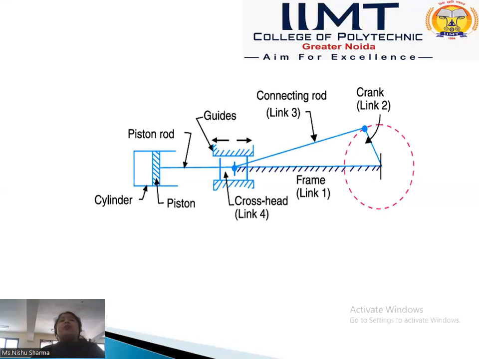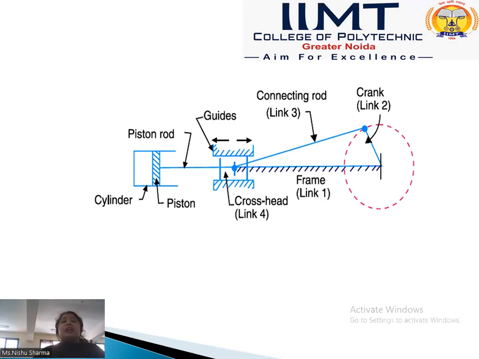Okay, so now the frame is fixed, so there is no motion, and link two is the crank. There is relative motion between the frame and the crank, that is the crank is rotated about the fixed center of the frame, and then when the crank is rotated, link 3, the connecting rod, also oscillates about the pivoted point, and when the connecting rod oscillates, the crosshead reciprocates, and then the piston reciprocates in the cylinder.